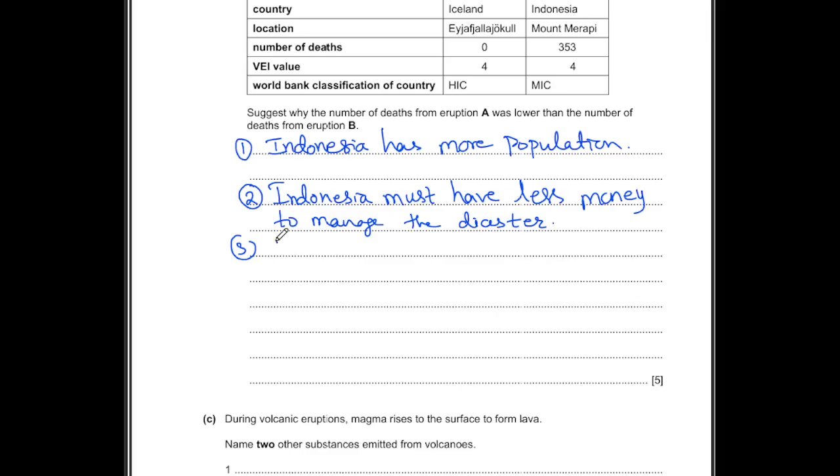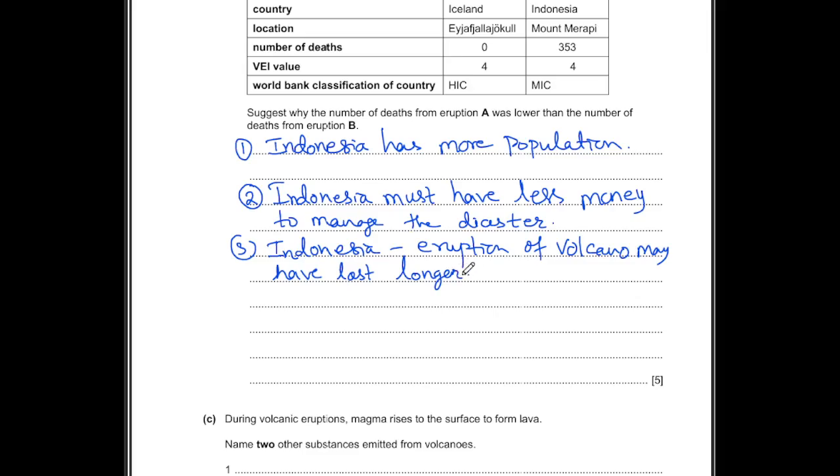So again we'll go for Indonesia. Eruption of volcano may have lasted longer.